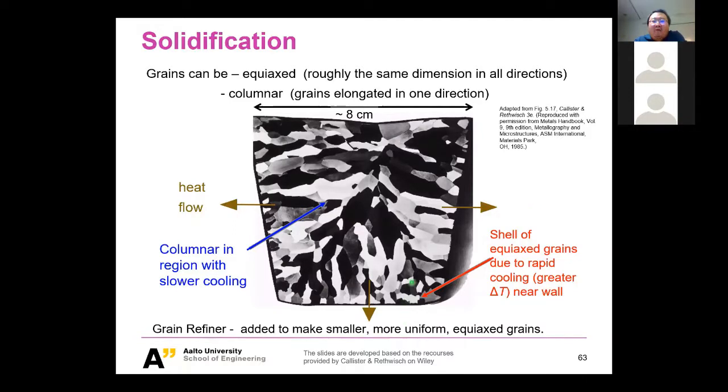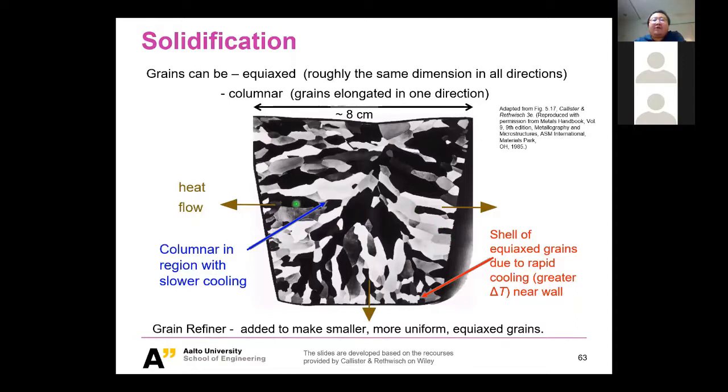That's why you would have rather small crystals, small grains, and also equiaxed, because they cannot grow too much. They grow a little and they meet another grain and they become small and equiaxed. But in the center, because the supercooling is low, it is not touching anything.